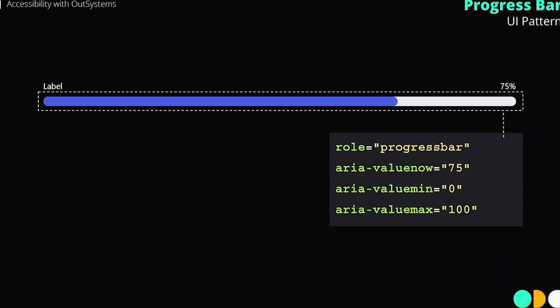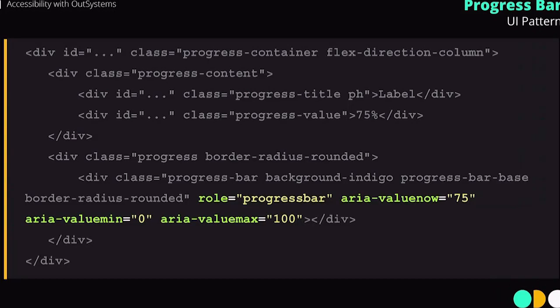We need to put a role called progressbar, and we need to tell the browser, the screen reader, the values. You need to tell it the value now, the min, and the max. And when the screen reader reads this content, the person that needs to hear it will know exactly what it is. And as you can see in the HTML structure, you only affect one element, just this div.